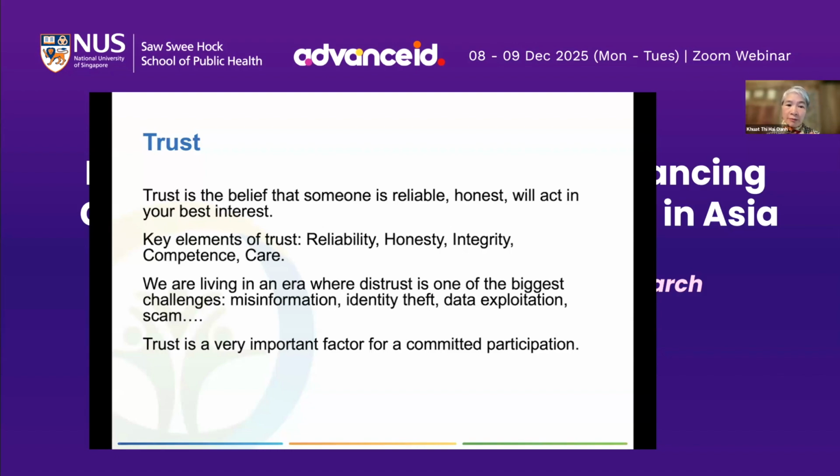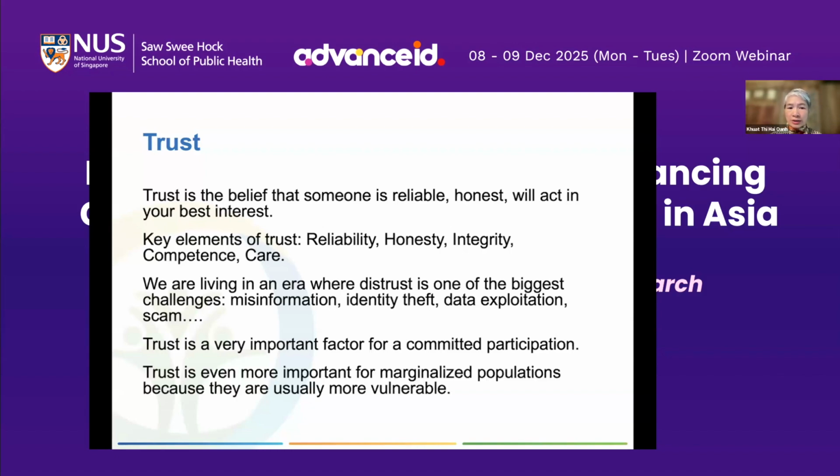And trust is even more important for marginalized populations, such as people who use drugs, people living with HIV, some ethnic groups, some religious groups, some women's groups, or adolescent groups. They are more vulnerable, so they are more cautious. It is more difficult to build trust with them, although once the trust is built, it can be very, very strong.